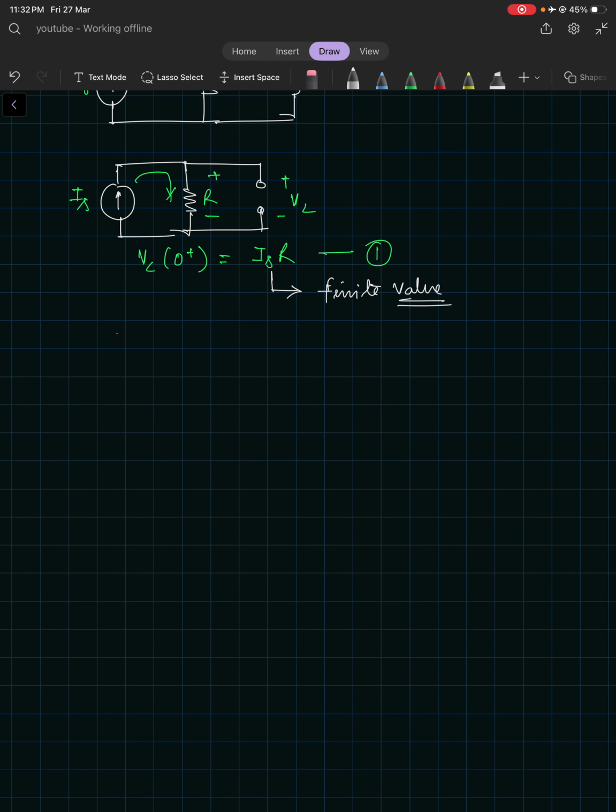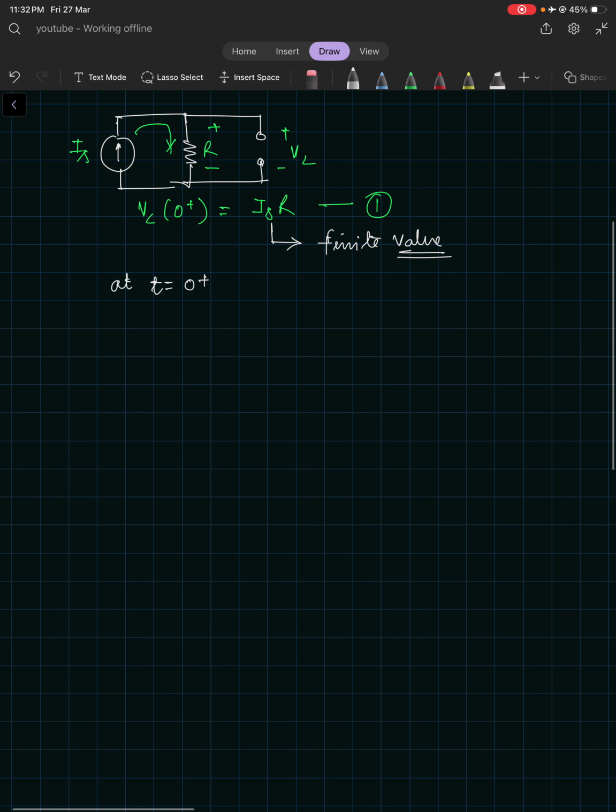It means at t equal to 0 plus, VL at 0 plus is equal to L of dIL by dt. So VL at 0 plus was IS into R, equal to L dIL by dt.